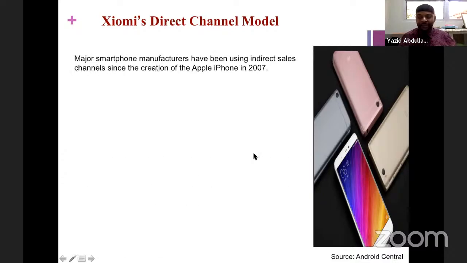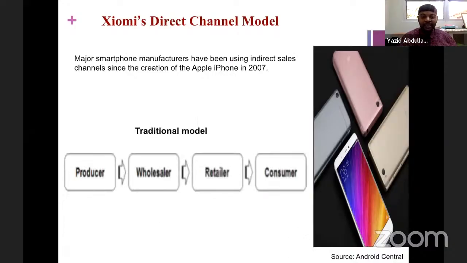Before the coming of Xiaomi, the way manufacturers like Apple manufacture phones is what is called the traditional model of manufacturing. A company like Apple will manufacture Apple products, let's say the iPhone.